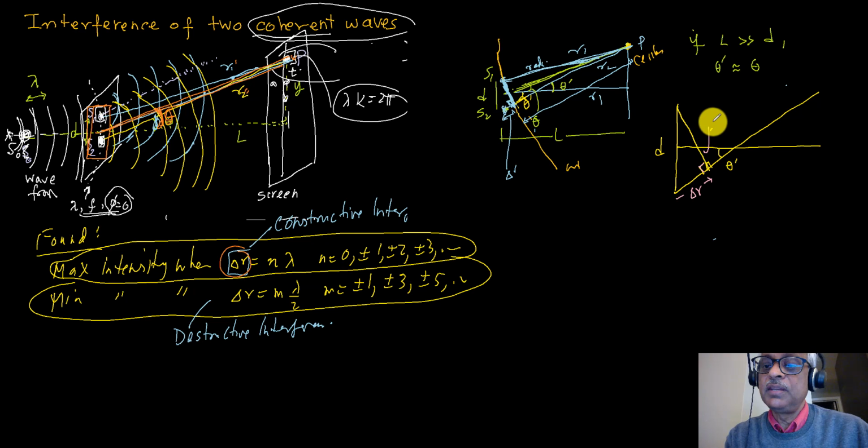So this will be 90 degrees minus theta prime because of this right angle triangle, so this will be the same angle as that.